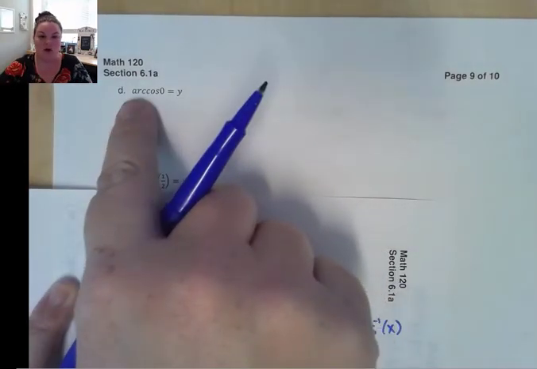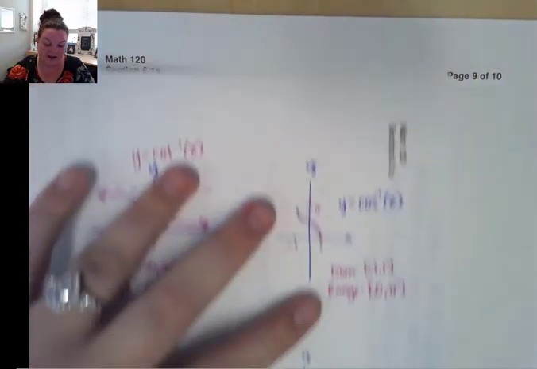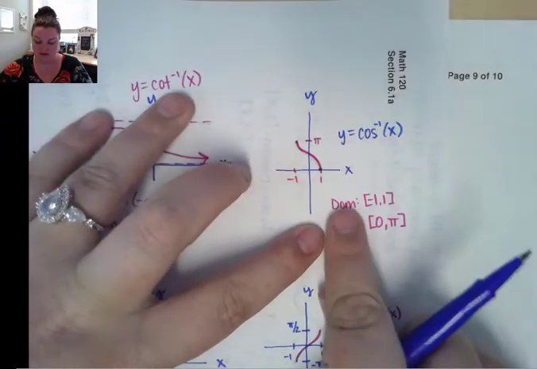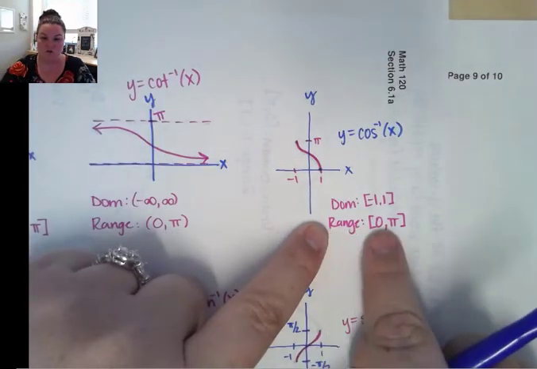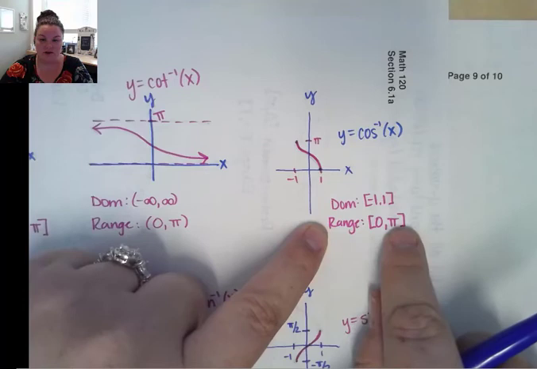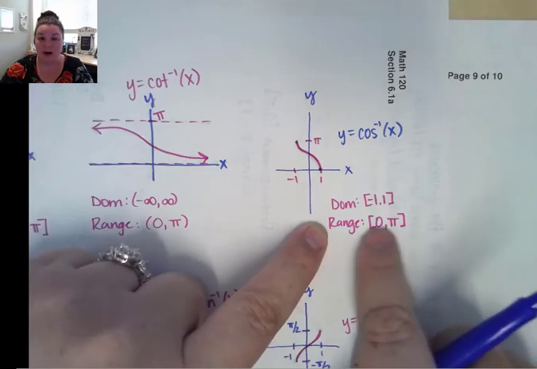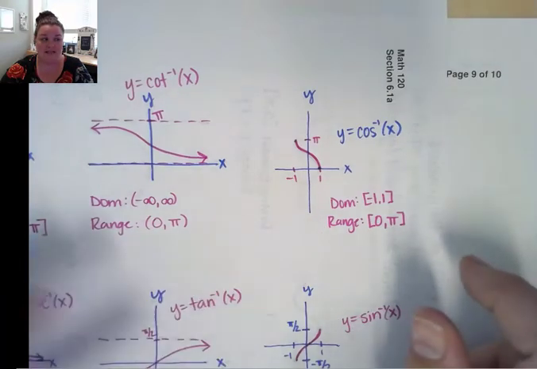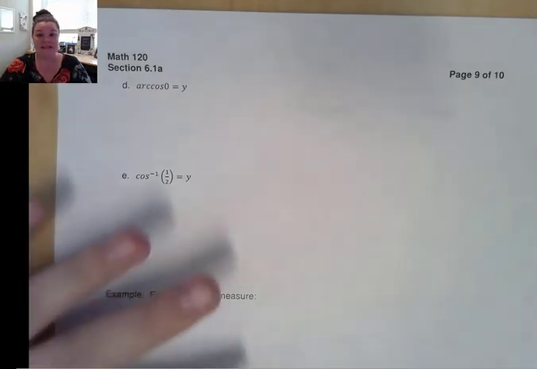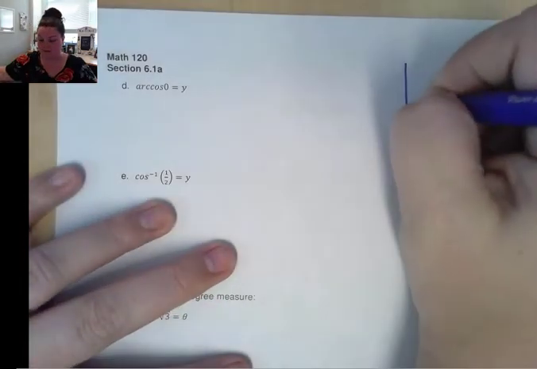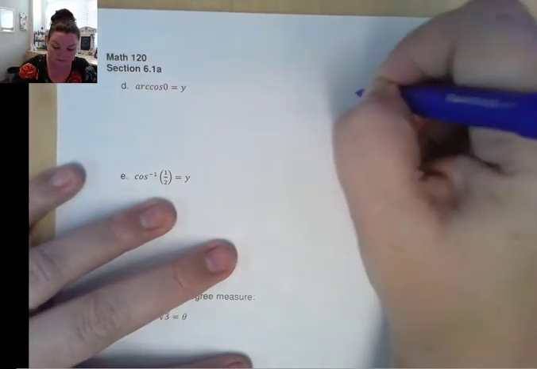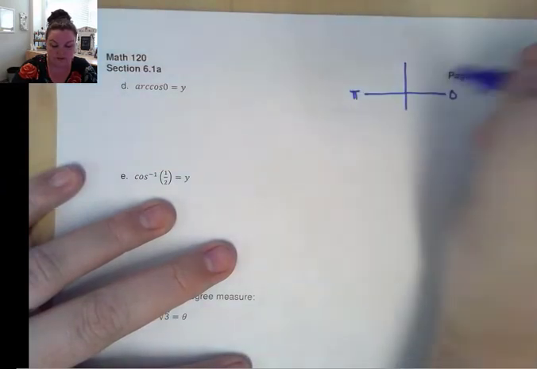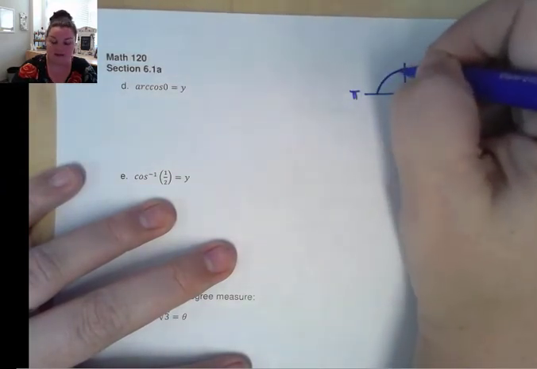So we're looking for the y, right? We're looking for the y value of an arc cosine function. So that means that our range value of an arc cosine function is from 0 to pi. Okay, so it has to be something that falls between 0 and pi. So I'm going to go ahead and write that over here. Here's 0, here's pi, right?